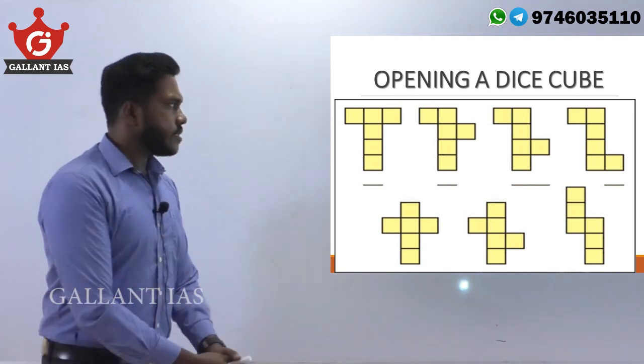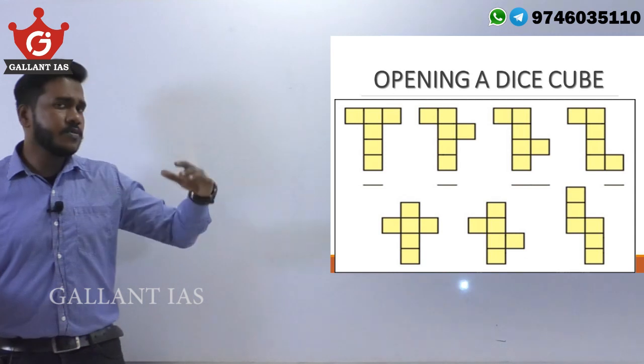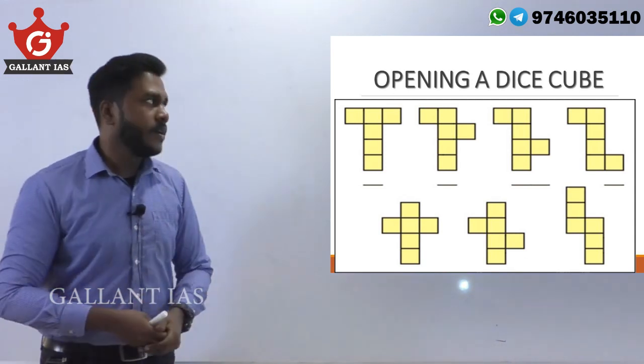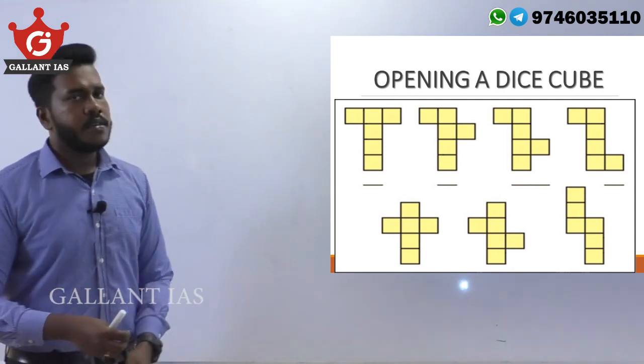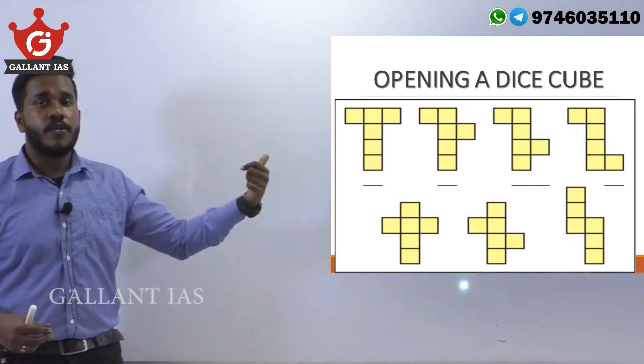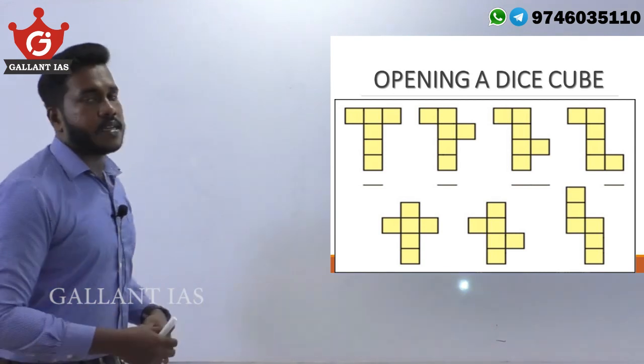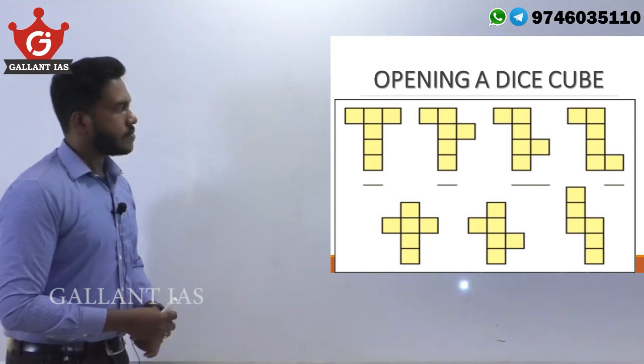So in order to do some basic problems based on opening a cube, we actually need to know some basic concepts based on these structures or these formats. So let's deal with the basic concepts of all these formats.